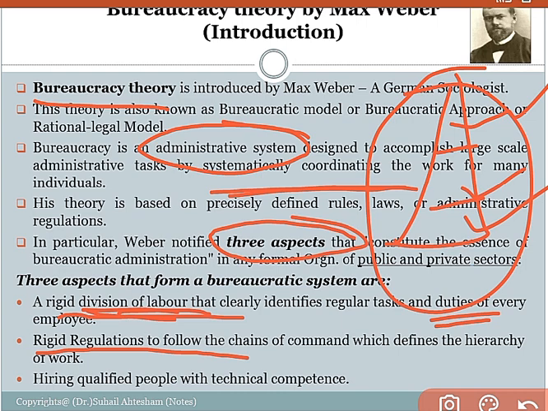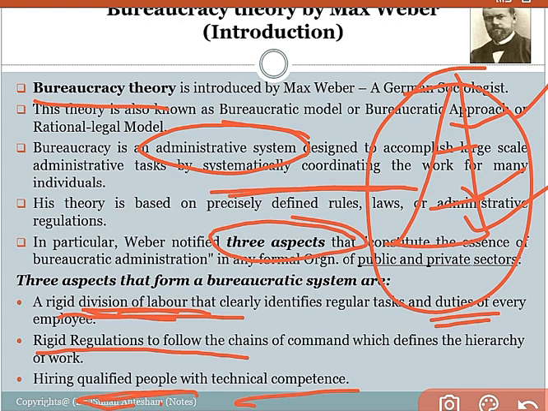Last, hiring qualified people with technical competence. This is a very sensitive part, because the employees we hire for the organization will work for a long run for achievement of our organizational goals. So there must be a proper staffing function in the organization.